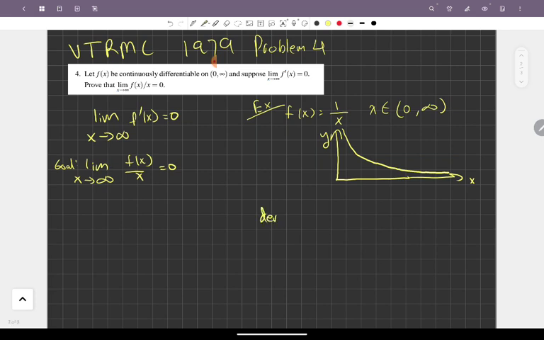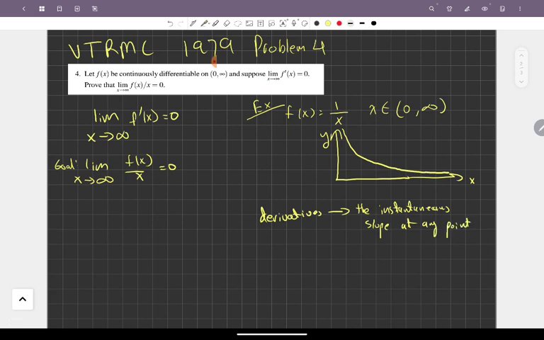The derivative tells me the instantaneous slope at any point of the function.